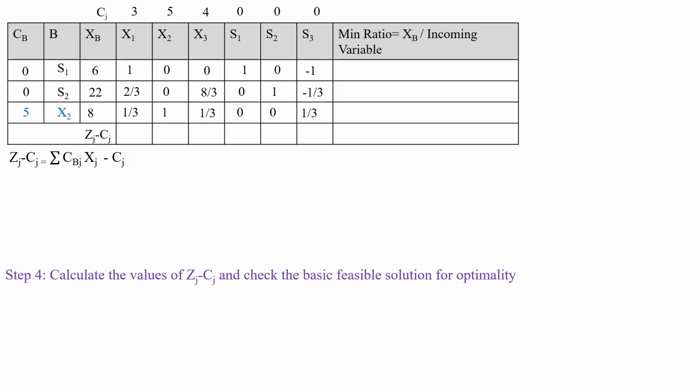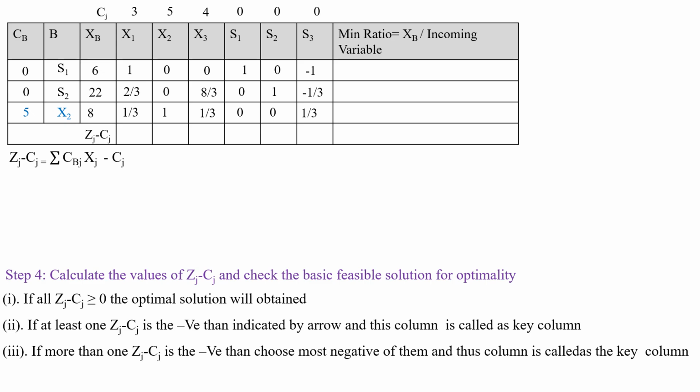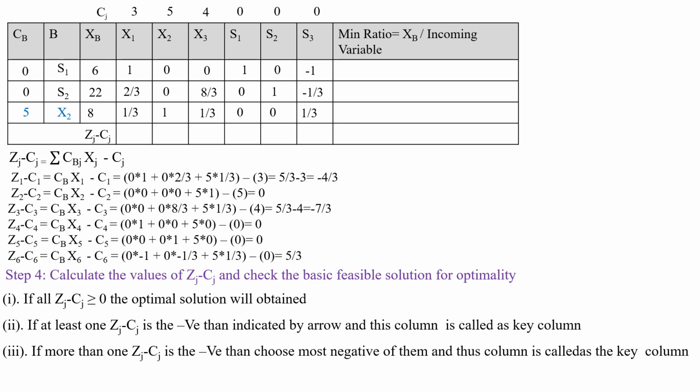Next we calculate the Zj minus Cj values and check the basic feasible solution for optimality. First we calculate Z1 minus C1 for the first variable, that is for x1. So for x1, Z1 minus C1 equals 0 into 1 plus 0 into 2 by 3 plus 5 into 1 by 3 minus 3, which is equal to 5 by 3 minus 3, which is equal to minus 4 by 3.